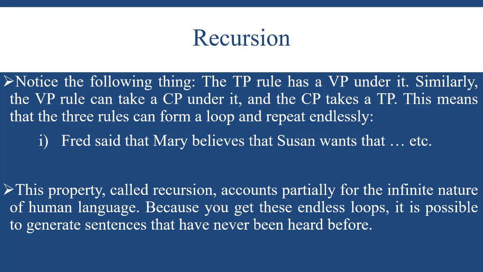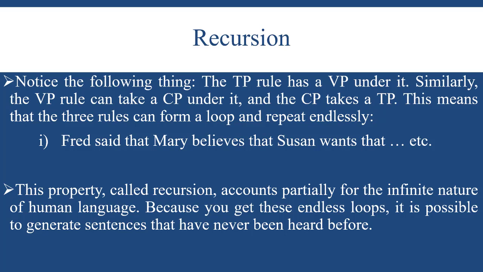Now, another interesting and very important notion in syntax is recursion. Note the following thing. The TP rule has a VP and NP. Similarly, the VP can take a CP, and the CP can take a TP.